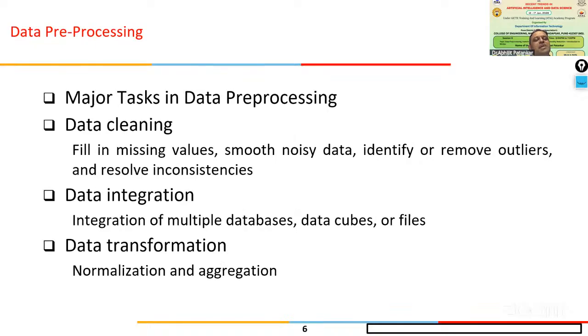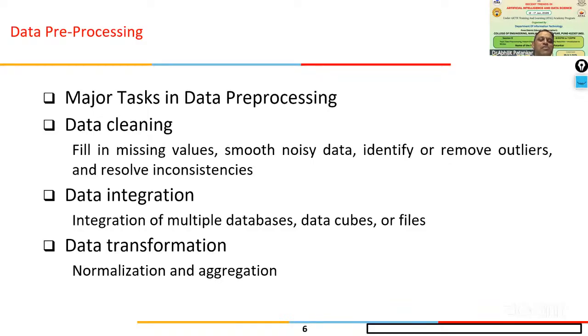These are the major tasks we are going to perform on data, because unless we accomplish these tasks, we cannot process the data. First, data cleaning. What is that? Data cleaning means filling the missing values. Suppose age is missing but the other attributes are matching; you have to fill in the missing value based on other parameters.